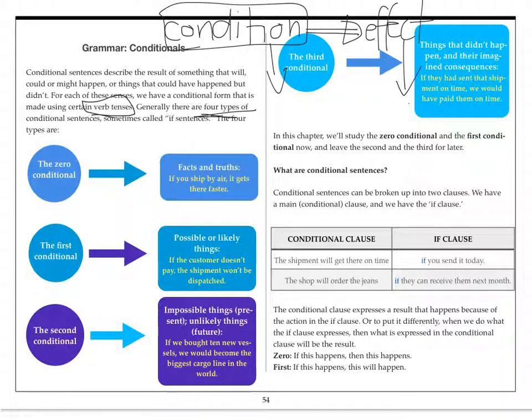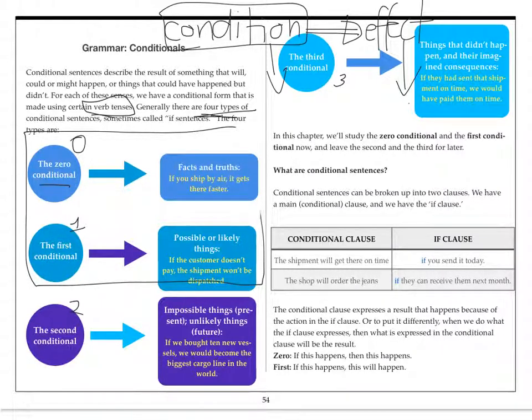The 4 types are the zero conditional, the first conditional, the second conditional, and the third conditional. For our purposes, we're only going to worry about conditionals 0 and 1, and we'll come back to the others a bit later.